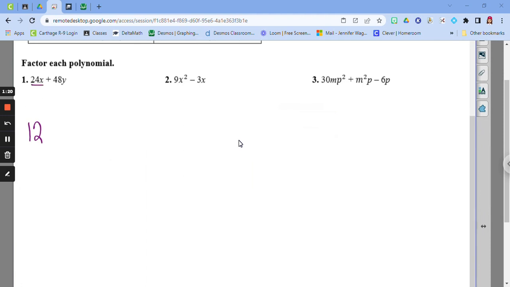So then I divide both 24 and 48 by 12. 24 divided by 12 leaves us with 2x plus 48y divided by 12 leaves us with 4y. This is what happens if you do not factor out the greatest common factor: I can still divide 2 and 4 by 2.